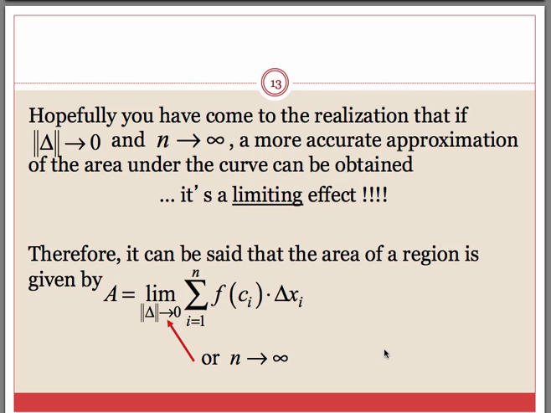So what we could say in mathematical notation is that the area of a region, A for area, is going to be the limit as the norm approaches 0, or you could say as n approaches infinity. You could have either one down there. So the true area of a region is going to be given by the limit of the summation of the areas of the rectangles.